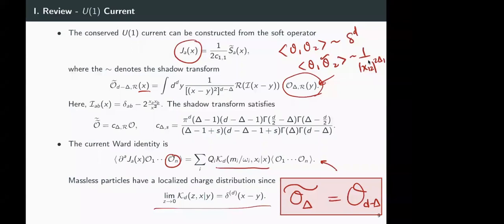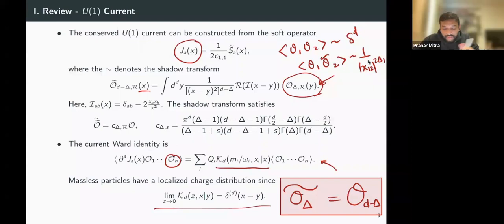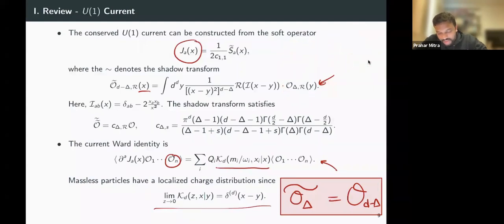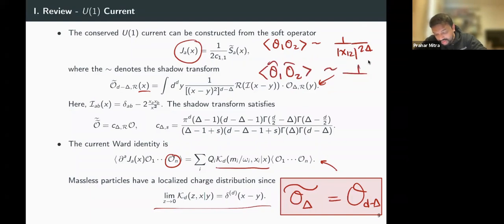So you said that non-local operators in general don't have the delta function structure, but not all the time. They could still have it. So, for instance, if I take the 2-point function of O1 with O2 in a standard CFT, it goes as 1 over x12 to the power 2 delta, and if I look at the correlation function of the shadow operators, this also has the form 1 over x12 to the power 2(d minus delta).